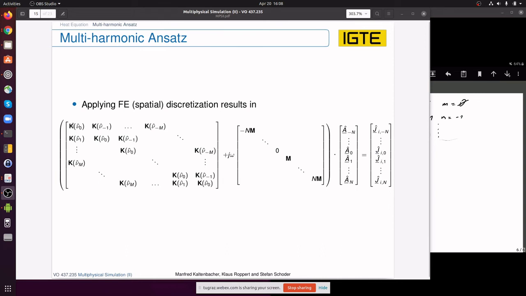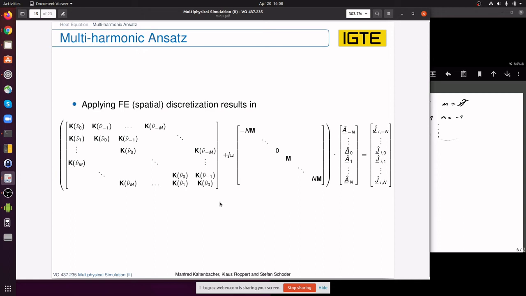So if you discretize your domain with, I don't know, 1 million elements, all K matrices have a dimension of, let's approximately say, 1 million by 1 million, sparse. So these are huge systems.